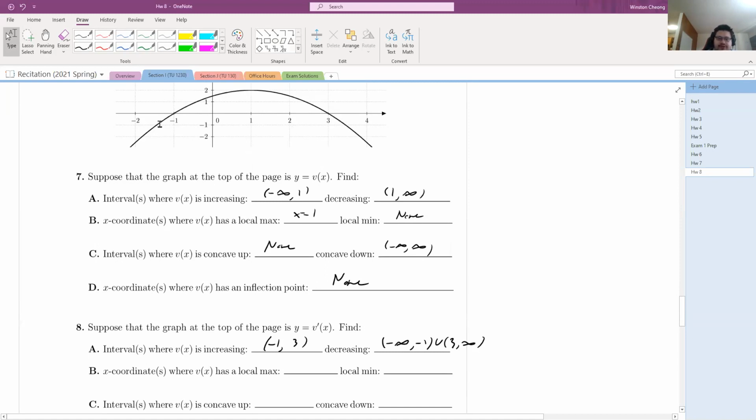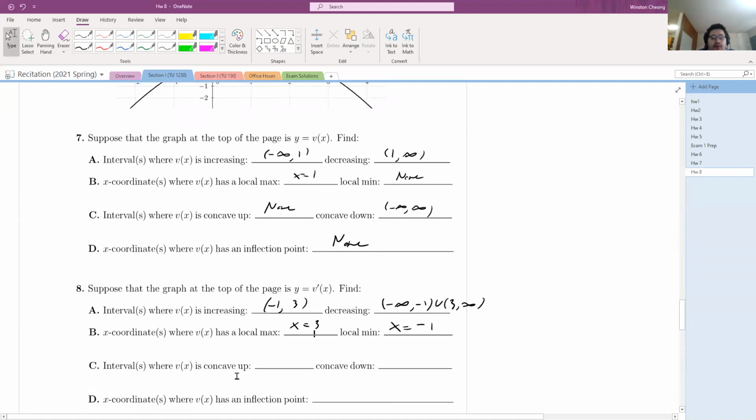This one being a minus to a plus means that this is a local min. So x equals -1 will be a local min. And then x equals 3 going from plus to minus is increasing to decreasing, so that's a max. So x equals 3 is a local max.